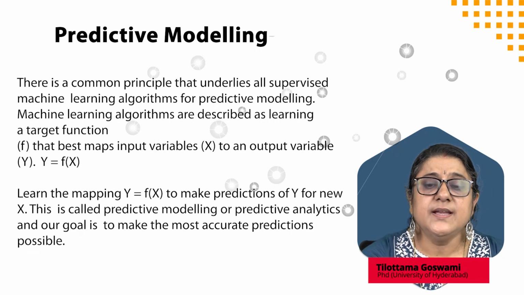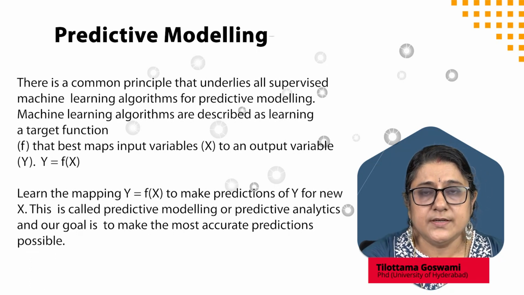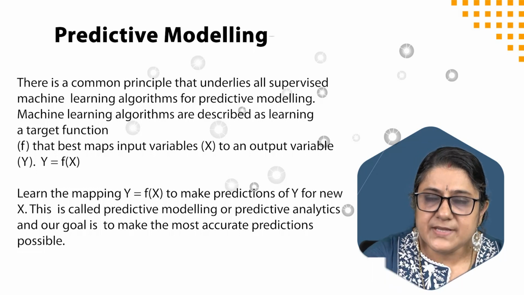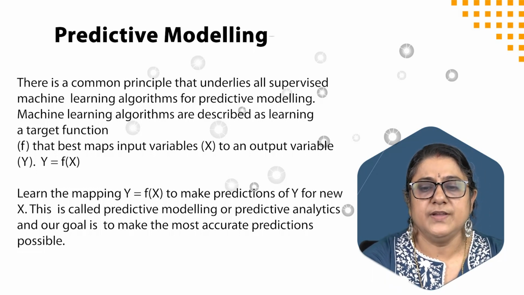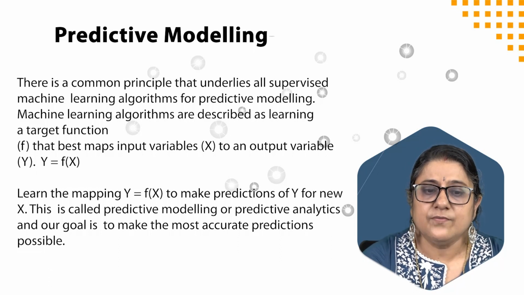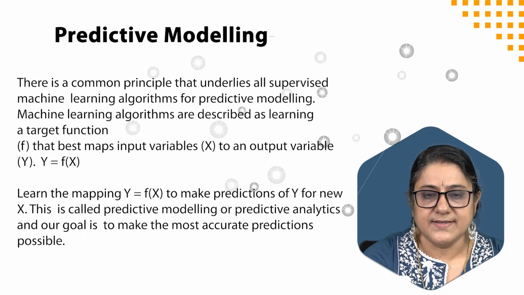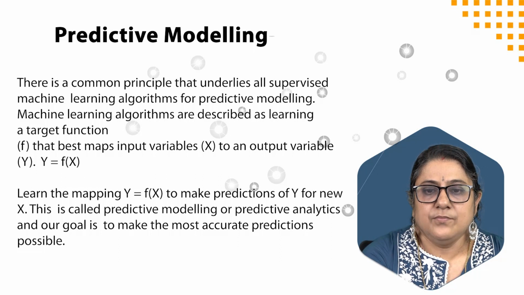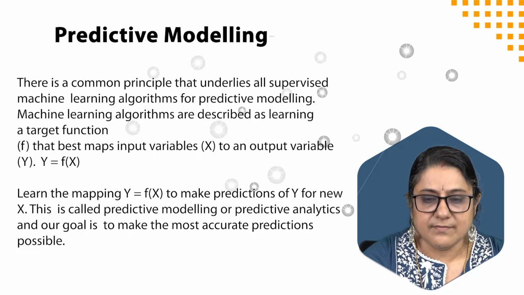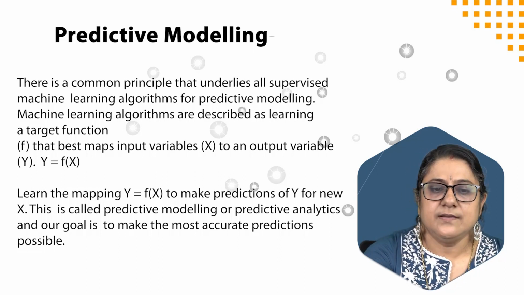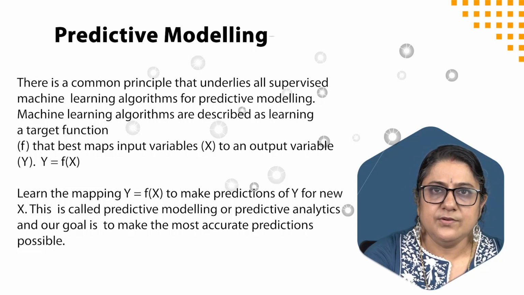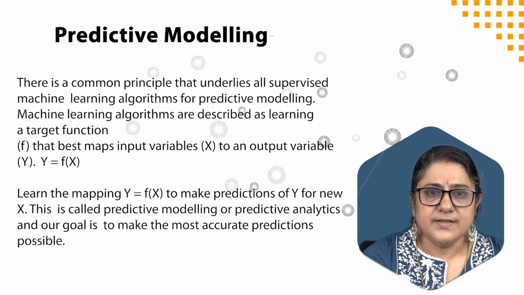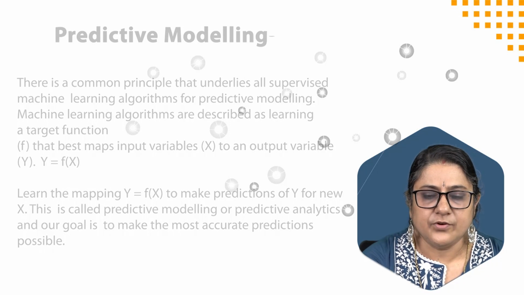A model is nothing but it is trying to learn a target function which best maps the input variables to an output variable y. So y is equal to f of x. This model is nothing but f, which takes the input and gives the y output. But when you are using this as a model, then it becomes y cap or y hat.